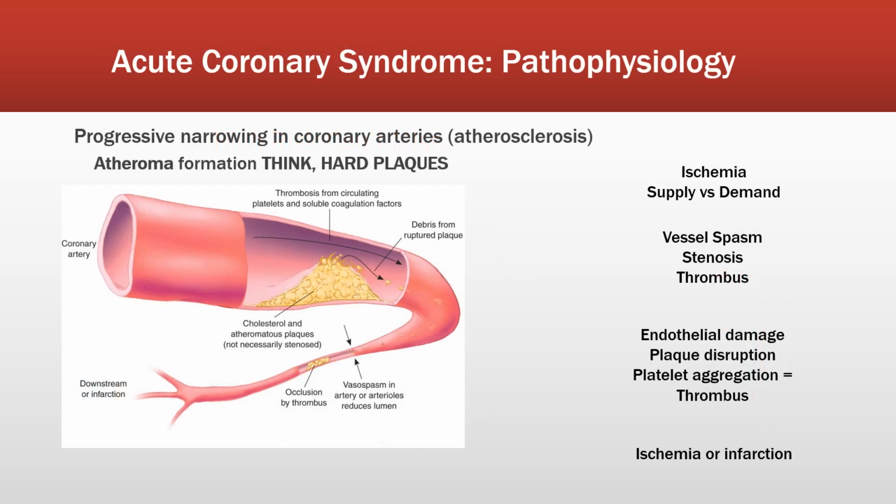Let's talk about ACS, acute coronary syndrome, that progressive narrowing of your coronary arteries, because the atheroma or hard plaque gets caught up in that vessel and causes a little speed bump, which narrows the lumen and slows the blood flow to cardiac muscle downstream.